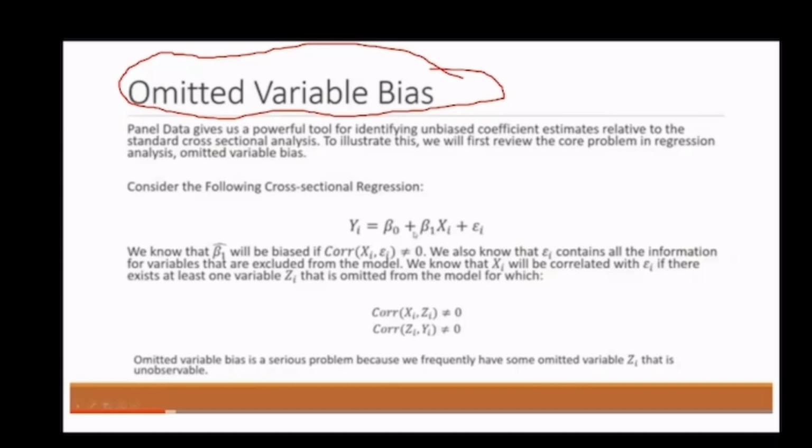For instance, I'm looking at the effect of years of education on wages. And don't forget, the information that I have, I have it across individuals and across time. Even for a particular individual, we have the data for different times. There is a possibility that the individual's data will be correlated.